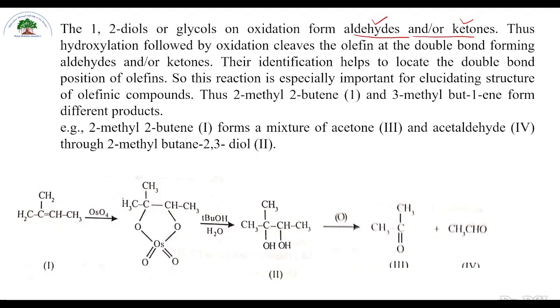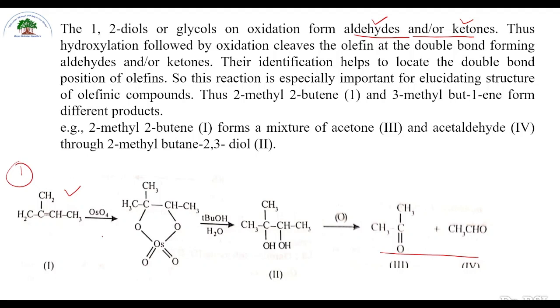Here, we can identify where the double bond of olefin or alkene was in the reactant upon observation of the oxidation product of osmium tetroxide. So let us take one example.